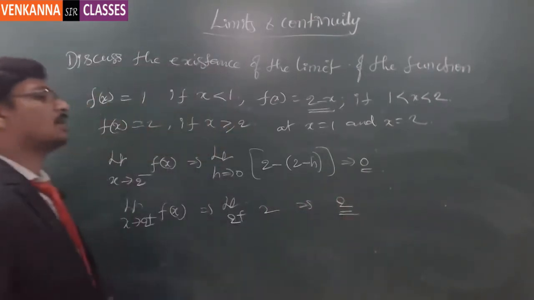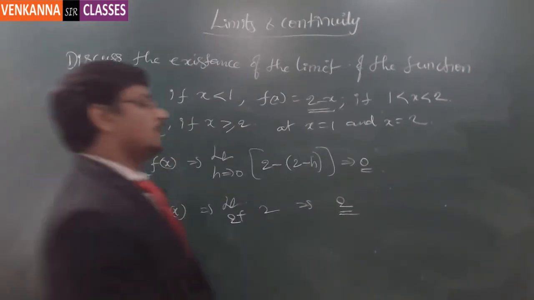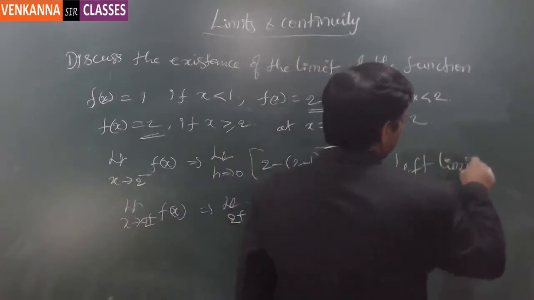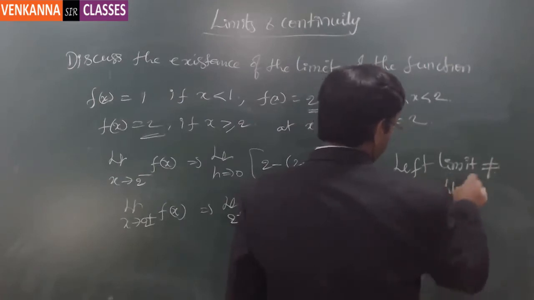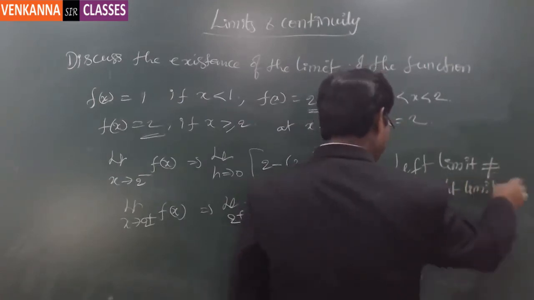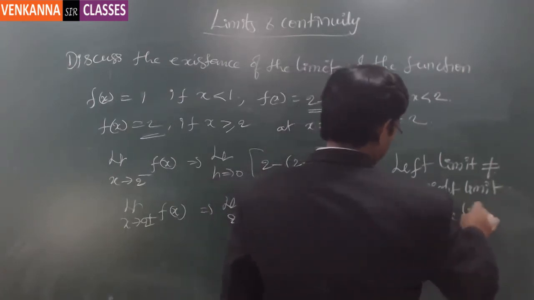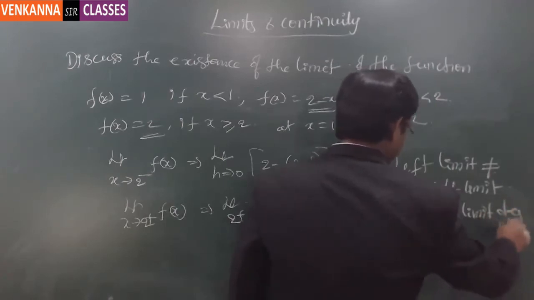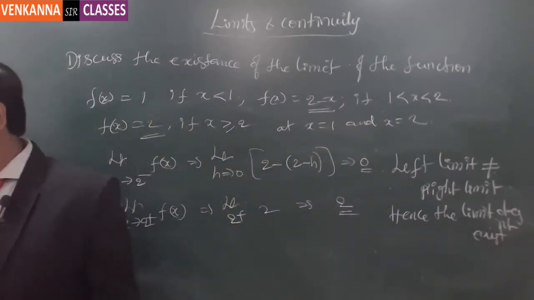Because this is a constant value for all values of x which is greater than or equal to 2, the left limit is not equal to the right limit. Hence the limit doesn't exist. Got it? Clear?